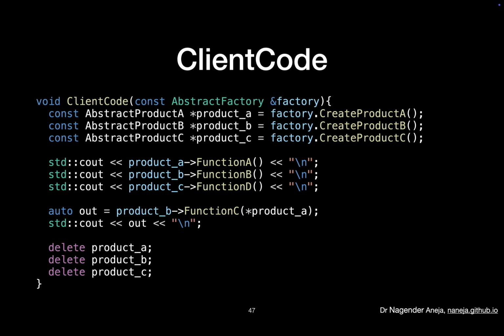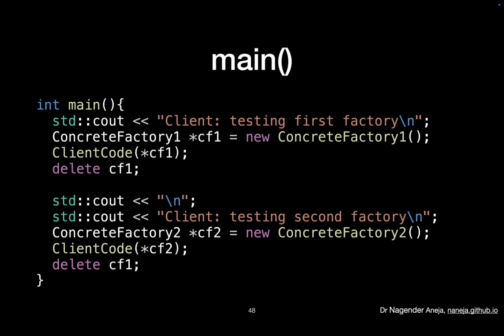This client code is accepting the abstract factory, so it is really not creating products for any specific factory 1 or factory 2. In the main function you can create pointers of the child classes. We can say new concrete factory 1 and pass it to this one, and this client code can handle this concrete factory 1, right?